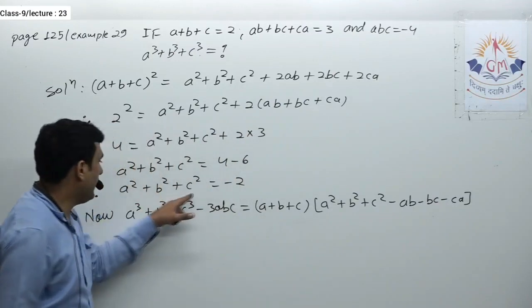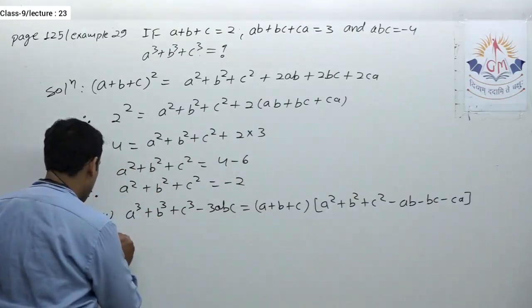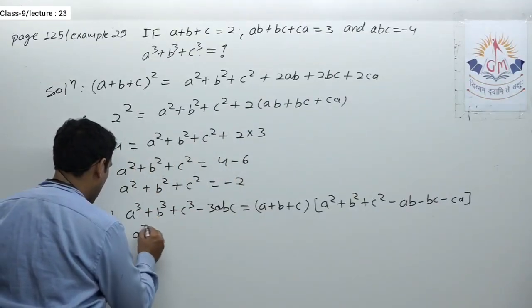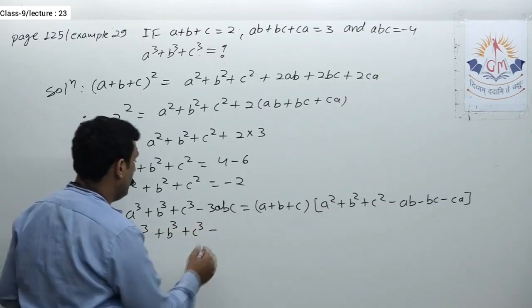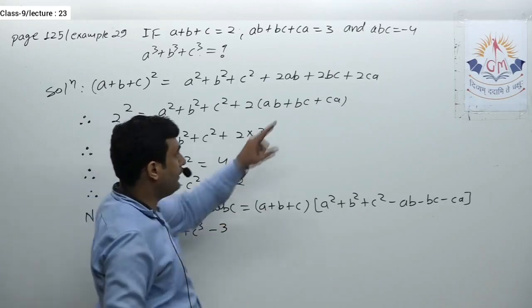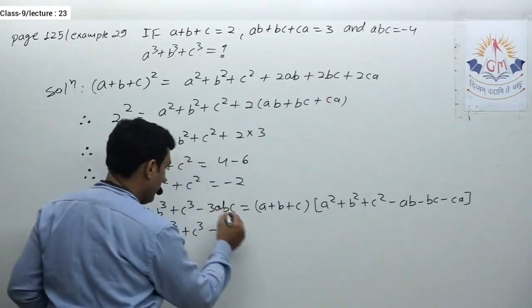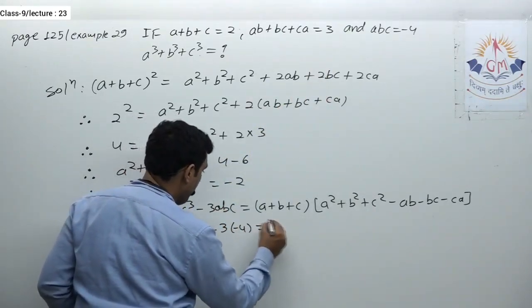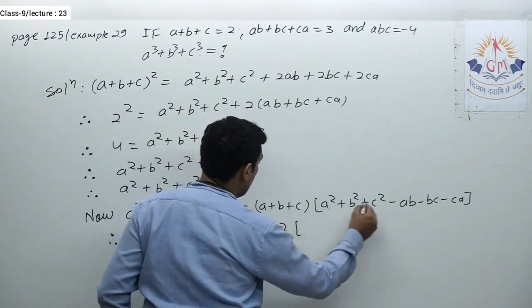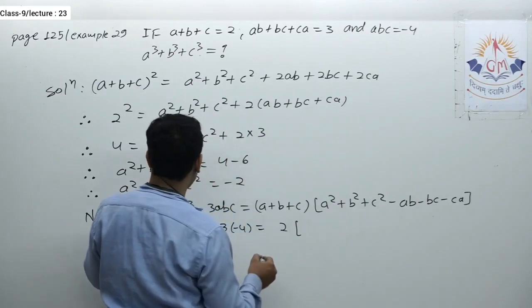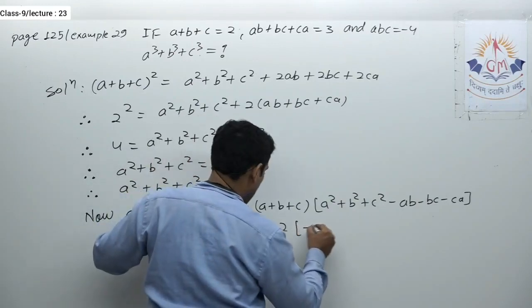Okay, so this I have already. Now I will put the values of the expressions, those that I need. Minus 3, now abc equal to minus 4, at the place of abc I will put minus 4. a plus b plus c, that is 2. Now a square plus b square plus c square is again minus 2.